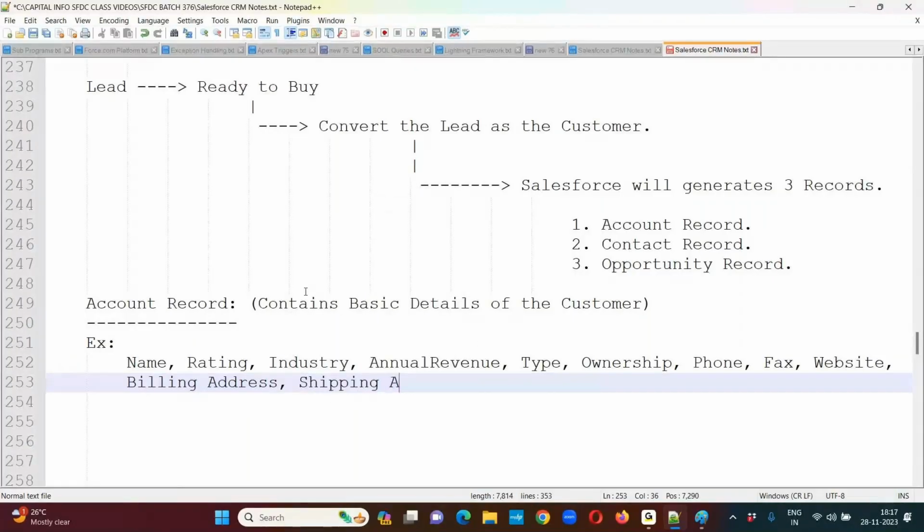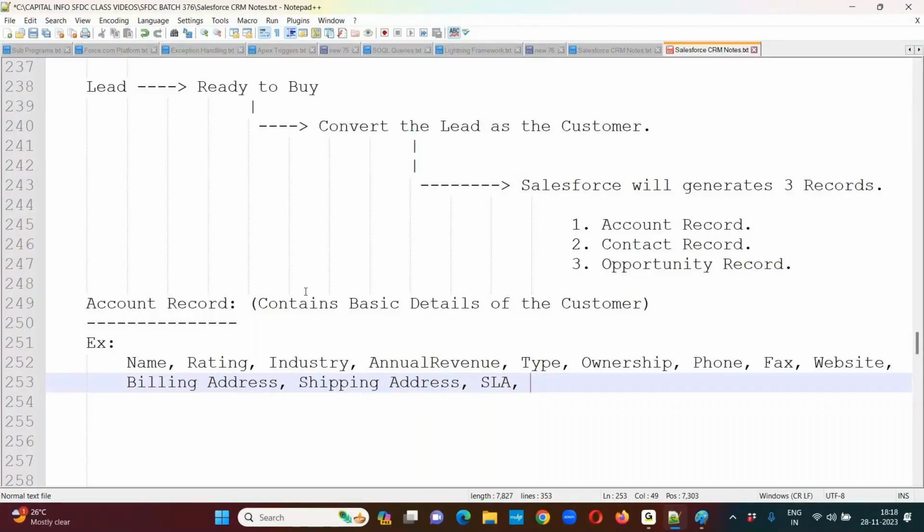shipping address of the customer, and SLA. SLA stands for service level agreement. What kind of warranty have I committed to the customer? Whenever we purchase some products, they give various types of warranties. Sometimes they offer off-site warranty. That means if I'm facing any problem with the product, we have to go to the service center.